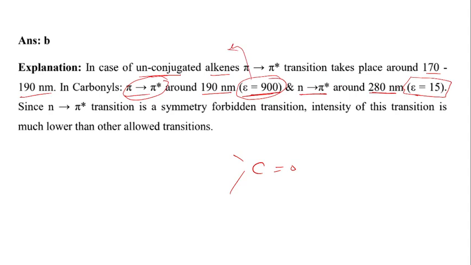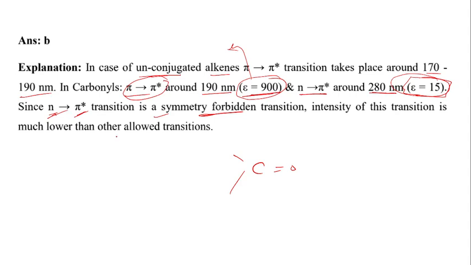But in the n to pi star transition, the epsilon value is only 50, since the n to pi star transition is symmetry forbidden. Why is it symmetry forbidden? Because electrons are jumping from non-bonding to pi star anti-bonding, so it is not symmetric.